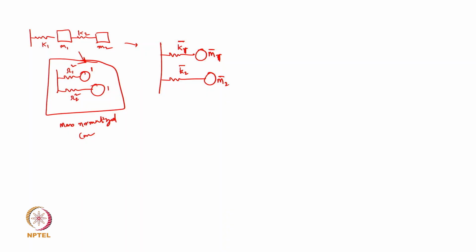Makes sense? That M1 bar, K1 bar, M2 bar, K2 bar is just like two systems, once you use a phi, any phi which comes from an eigenvalue, you will go here.